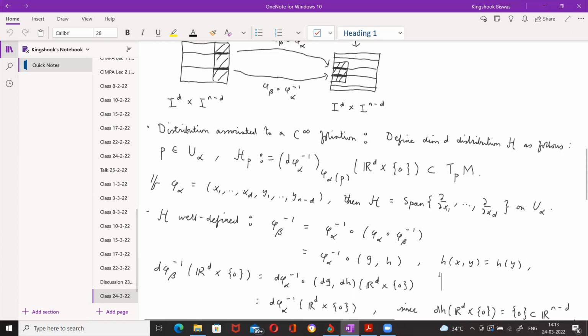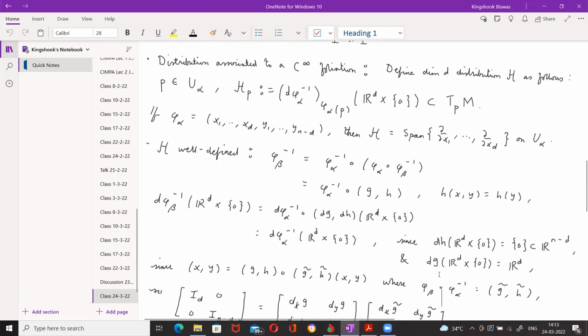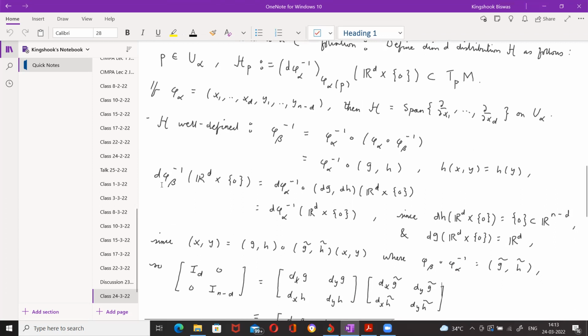Okay. So now I need to check that I get the same subspace. If I look at d phi beta inverse of R^d cross 0, by the chain rule it will be d phi alpha inverse composed with dG dH of R^d cross 0. And the claim is this is the same as d phi alpha inverse of R^d cross 0. So why is that?